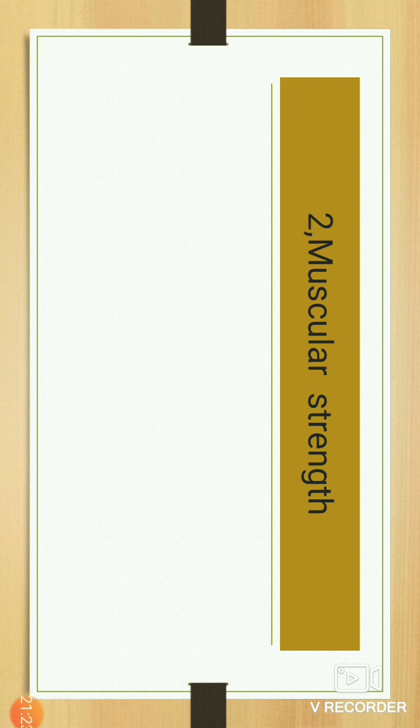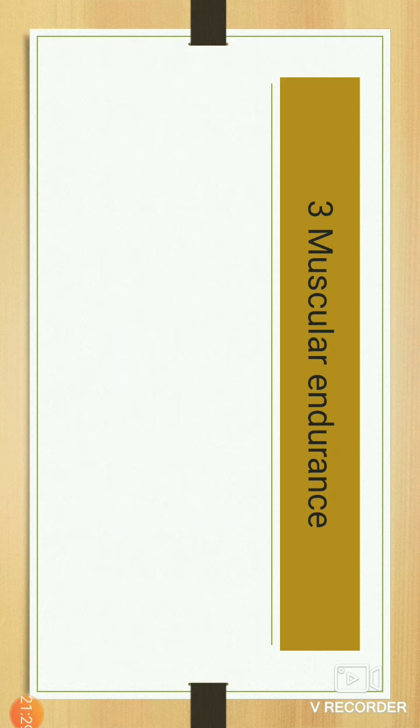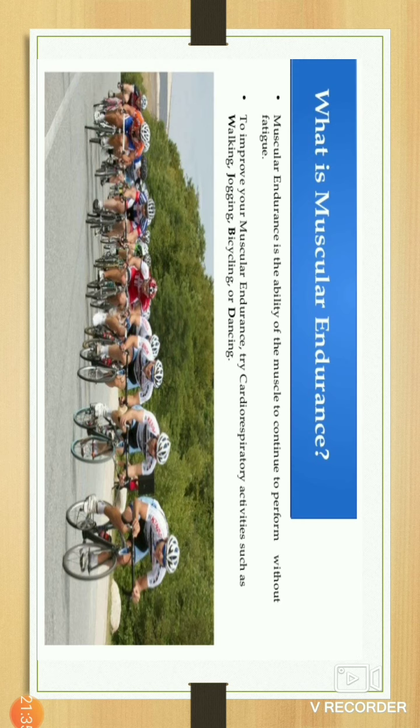What is muscular endurance? Muscular endurance is the ability of the muscle to continue to perform without fatigue. To measure muscular endurance, there is a test, the 600-meter run or walk test.